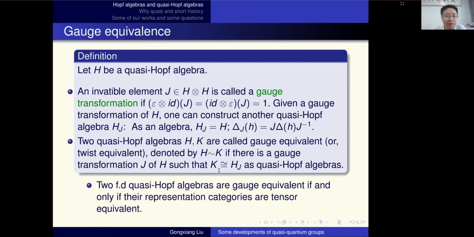That's also the reason. So before we recall the second fundamental concept in quasi-Hopf algebra, we need to tell you the difficulty and history of the quasi-Hopf algebra.